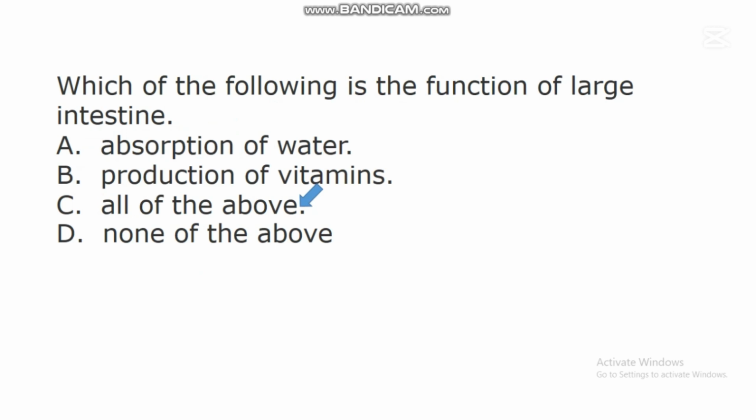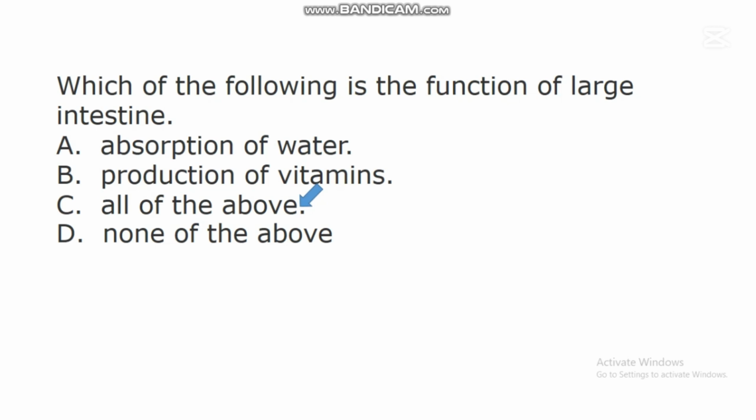The large intestine absorbs water from the undigested food materials that moved all the way from the small intestine to the large intestine. So when water is absorbed by the large intestine, it will now make the undigested materials, which we now call feces, to be concentrated. So the large intestine also helps in production of some vitamins.